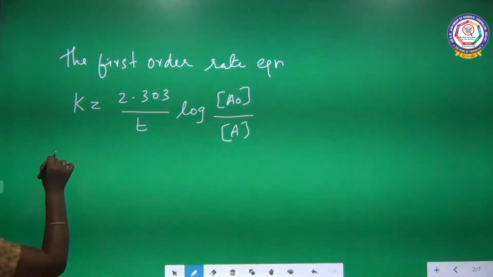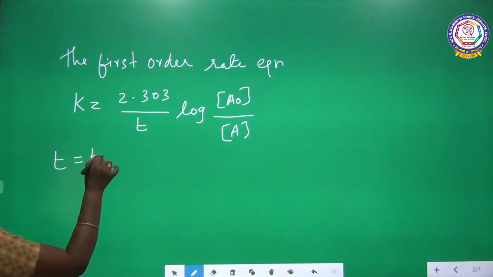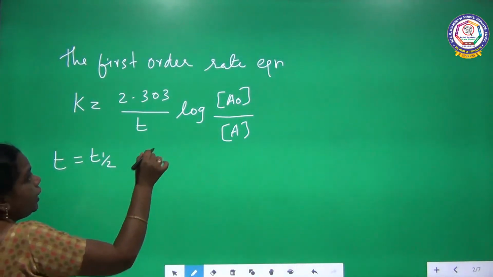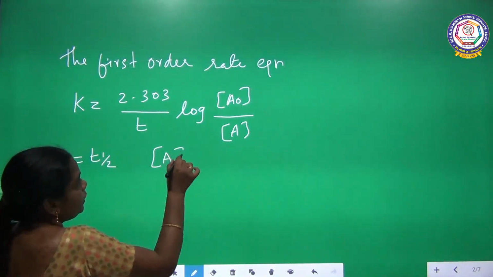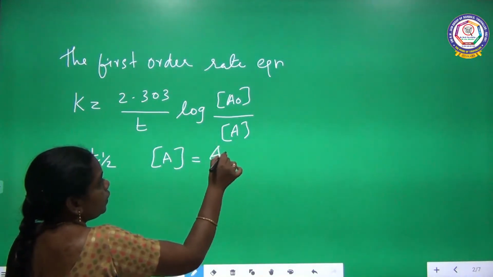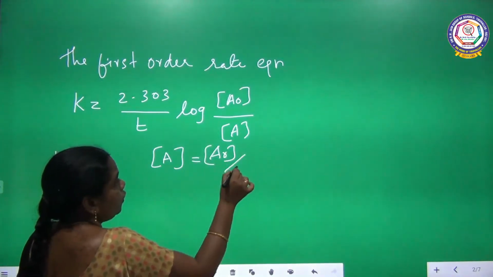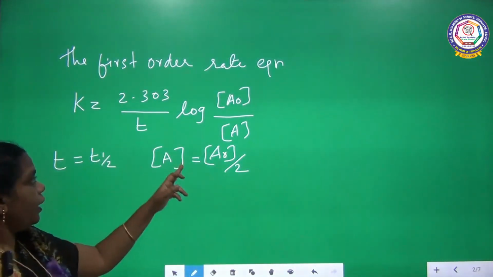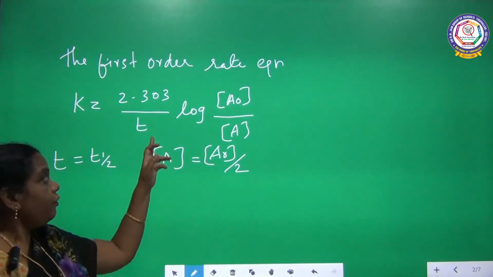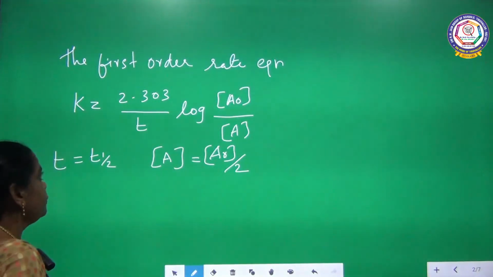So, time is taken as t half and the concentration A is taken as A0 by 2.